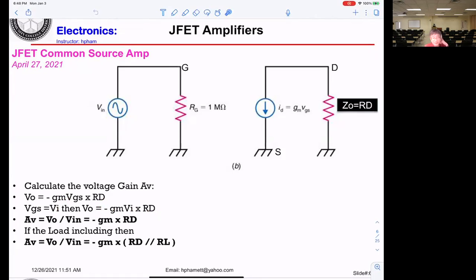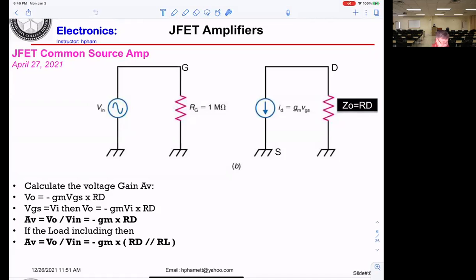The thing in AC will be very positive rather than negative. So the only thing they can tell you is that input and output will be out of phase. Input positive, output negative. Input negative, output will be positive.